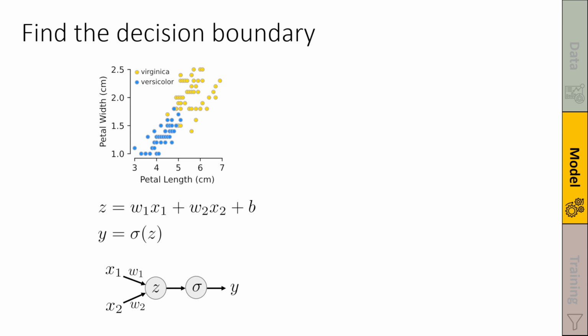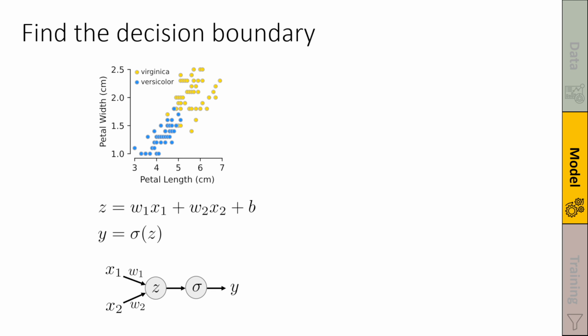Here is the graphical representation of this model, and I'm showing this here just to familiarize ourselves with this representation, because later on we'll see more of these graphical representations. So we have the input features x1 and x2 and their corresponding weight parameters w1 and w2. And plus a bias term, which is usually not shown in the graphical representation, that gives us z, and we pass that through the sigmoid function to get the model output.